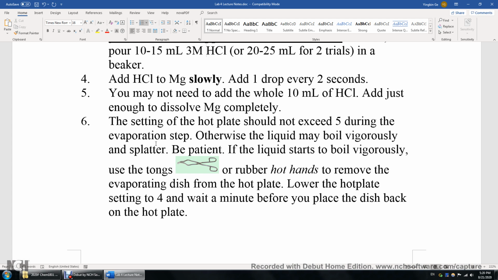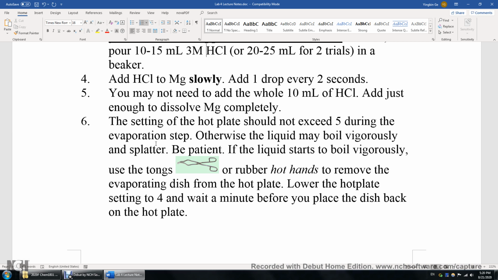When you evaporate water and HCl, the setting of the hot plate should not exceed 5. Again, this is to avoid a vigorous boiling of water for safety reasons. So be patient.